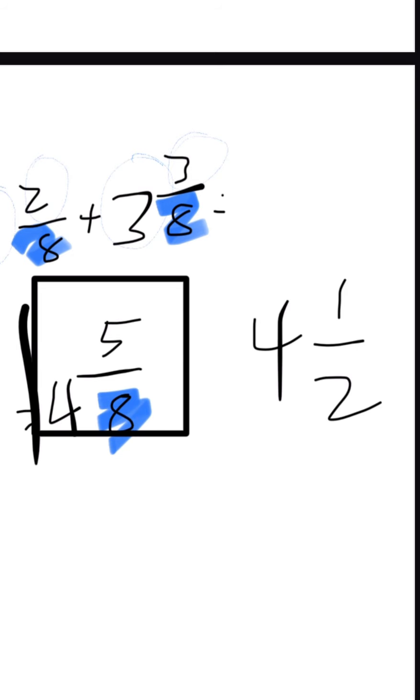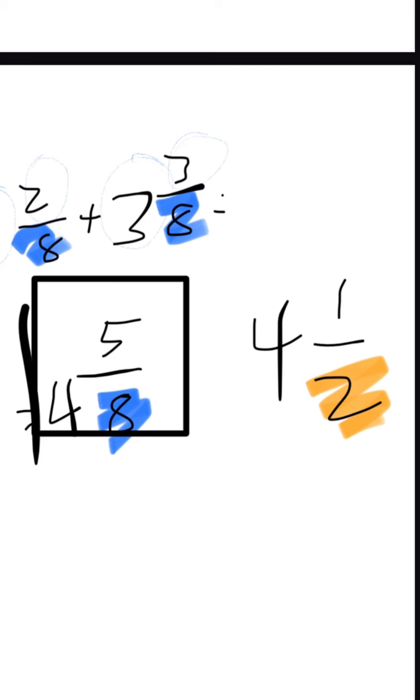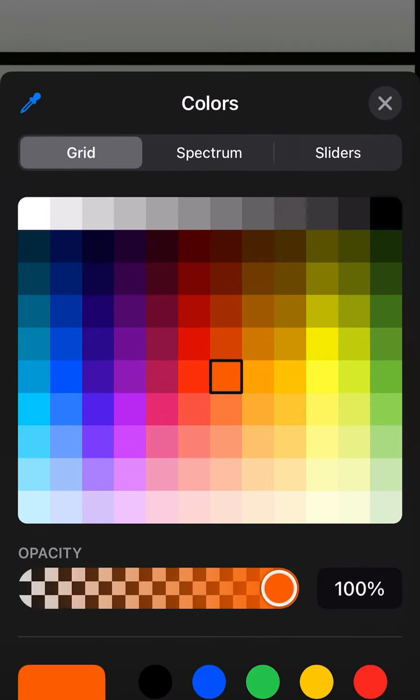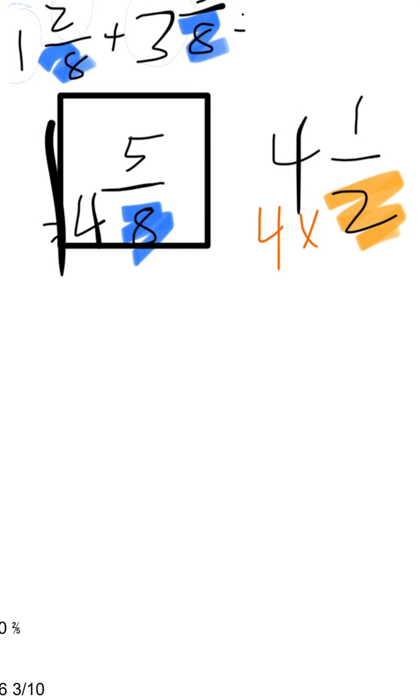We see that they have different denominators. We see that the 2 is here, and then they have an 8 on the other side. So in order to make these the same, we're going to multiply by 4 here. Now, to make it easier on ourselves, we're just going to make this into one fraction.